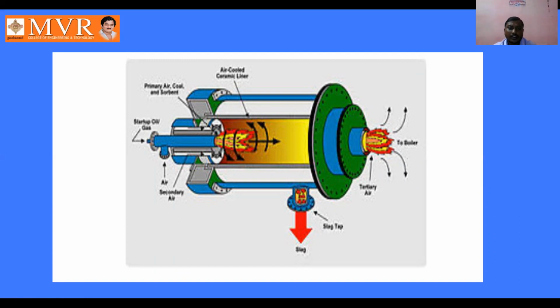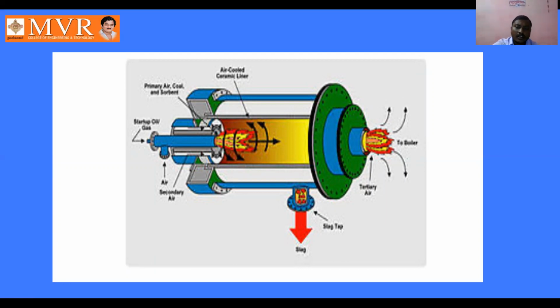From the feeder, hot air is used to dry the coal coming from the raw mill, and from there it is pulverized and enters the burner. After burning the coal we get a high rate of flame, which is used to heat the feed water and convert it into superheated steam or dry saturated steam.